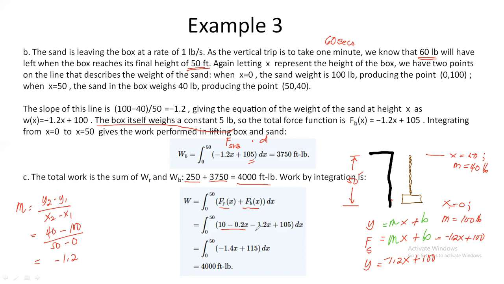The second is the force due to the box and the sand that it contains. All displaced at distance dx. So it would be integrated from 0 to 50. If you do that, you would still be getting the same answer, which is 4,000 foot-pound force. Okay? Now, do you have any questions?